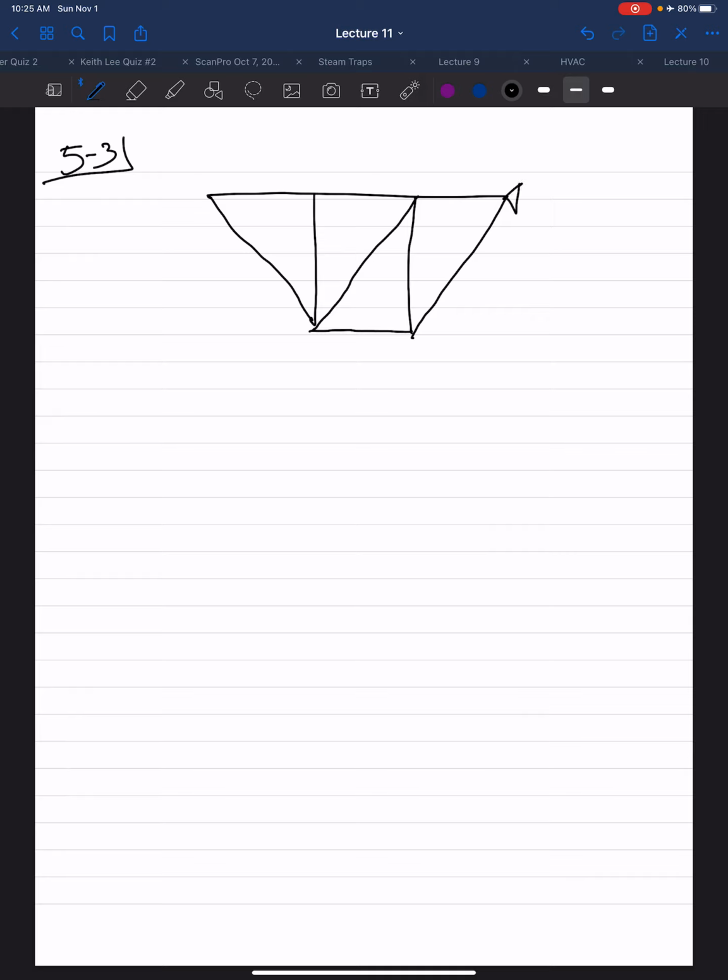F is a pin. E is a roller. Joint D, joint B, joint C, joint A, and we're given a 130 pound force with the slope triangle.